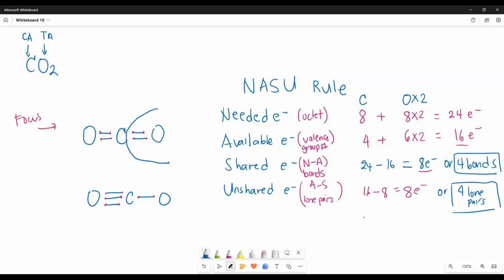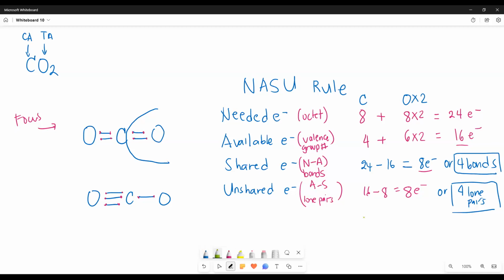This is the terminal atom, oxygen. How many electrons are surrounding oxygen? There are 4 electrons surrounding oxygen. But it needs an octet, 8. So where can I get those extra electrons? I can get them from the lone pairs, right?